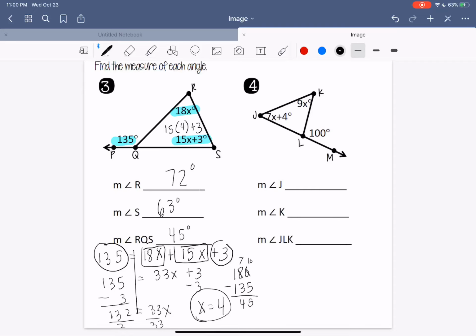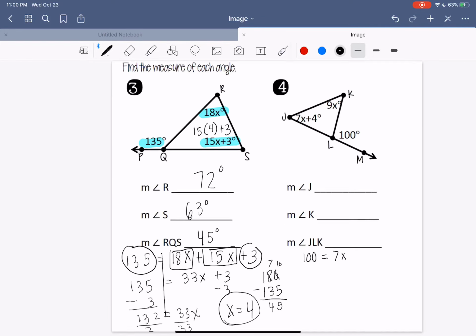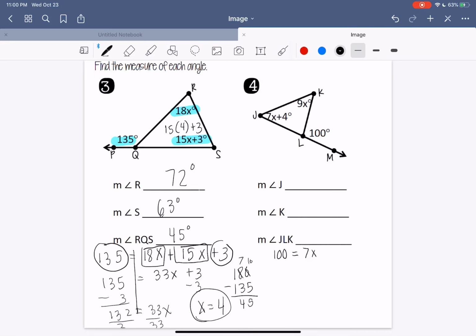All right, last problem. Just like we did on the other one, we have 100 as our exterior angle, and that is going to equal the sum of our remote interior angles. So angle J and angle K are our remote interior angles. So those are going to be 7x plus 4 plus 9x.